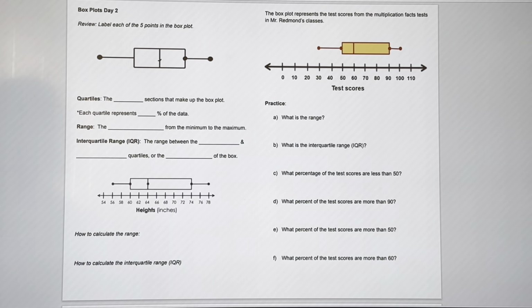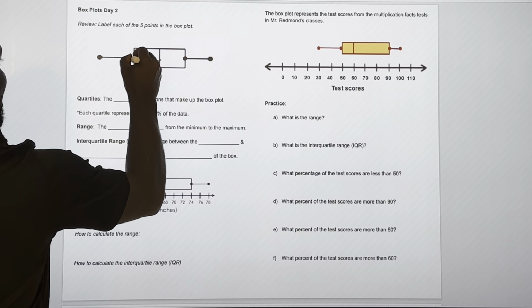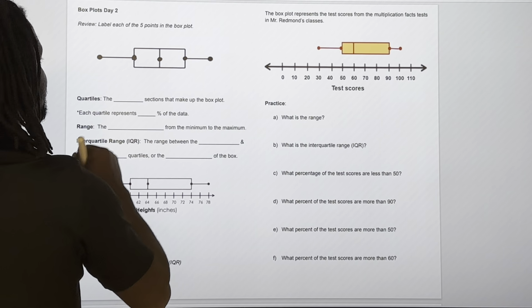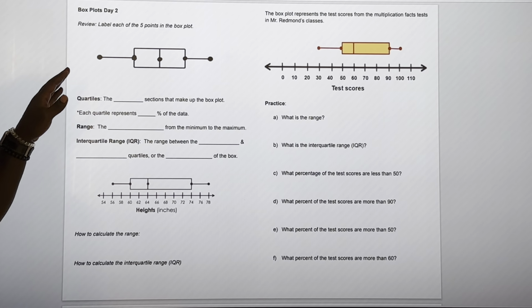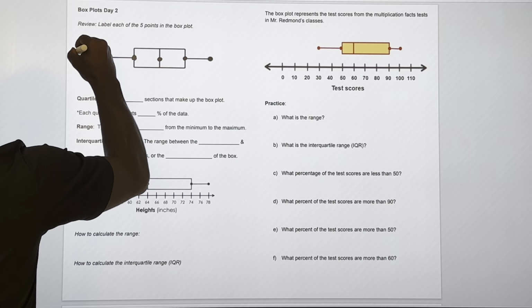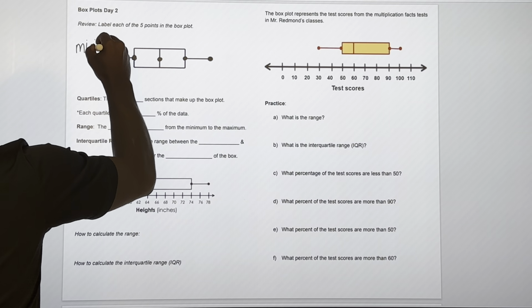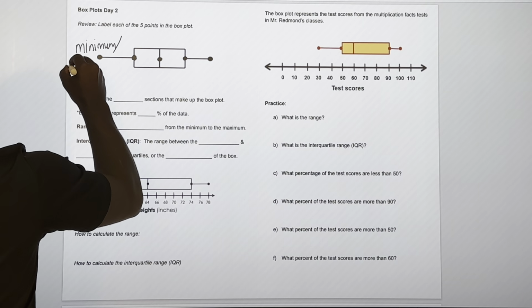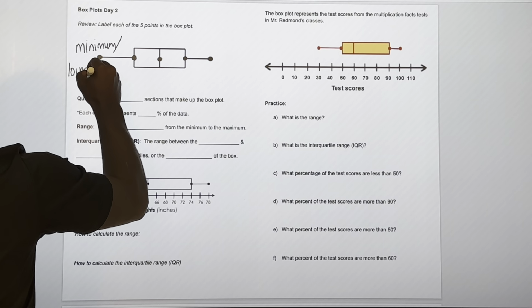In our box plot, we have 5 points. That is why sometimes it's called the 5-point summary. The smallest value in our box plot is called the minimum. Another name for minimum is the lower extreme.